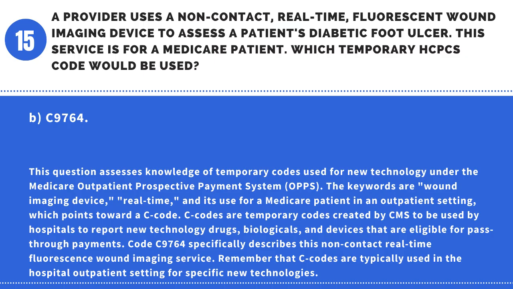C codes are temporary codes created by CMS to be used by hospitals to report new technology drugs, biologicals, and devices that are eligible for pass-through payments. Code C9764 specifically describes this non-contact real-time fluorescence wound imaging service. Remember that C codes are typically used in the hospital outpatient setting for specific new technologies.